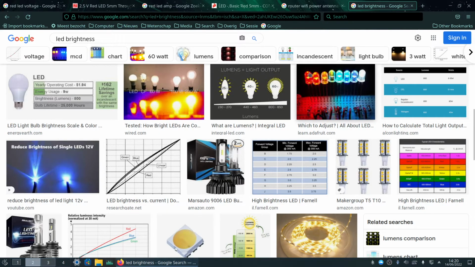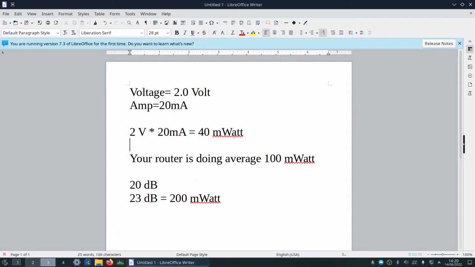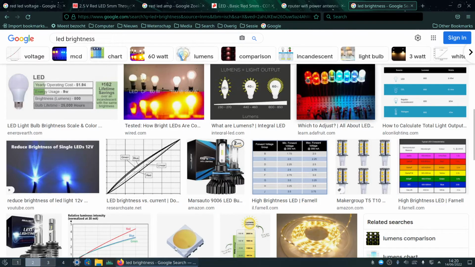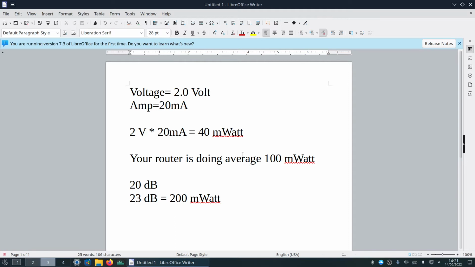The average red LED is just 30 milliwatts. Now, take 2.5 times the brightness of such a red LED which you have in, for example, your television, and you can understand how bright your router is at 100 milliwatts.